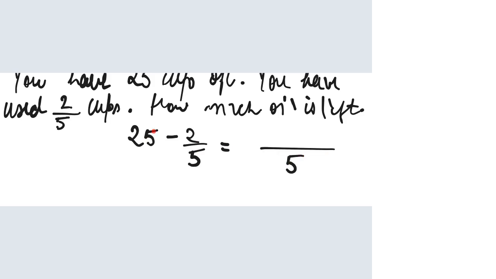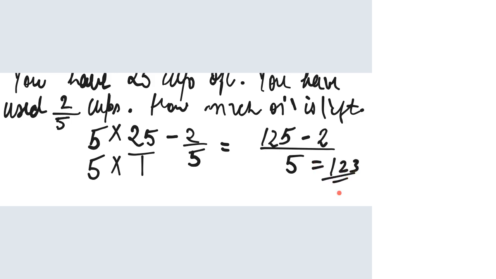Then you multiply 5 with 25. 5 times 25 you'll do. See, the fraction will become this, no? Yeah. When you do 5 times 25, it's 125. 125 minus 2 is 123. Oh, yeah. Okay. I multiplied it with 6 mistakenly.